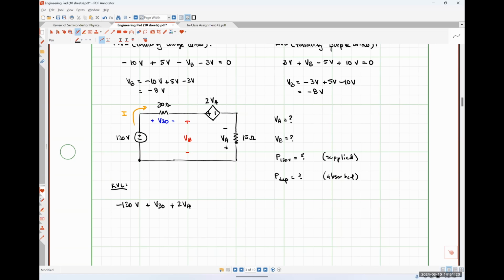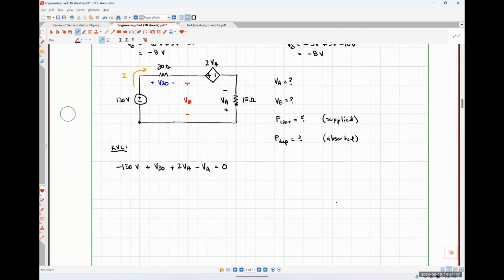Right, so it's the 15 ohm resistor. However, the 15 ohm resistor has a specified voltage drop across it, VA, with a positive polarity terminal on the bottom, negative terminal on top. So I see VA, and because I see the negative sign first, I'm going to call it minus VA. And now I've closed my loop, and I can set this equal to 0.